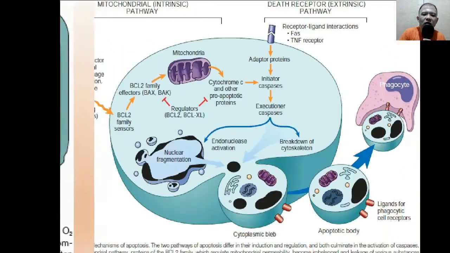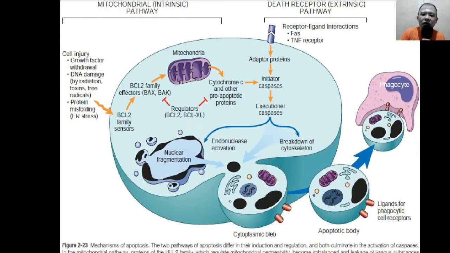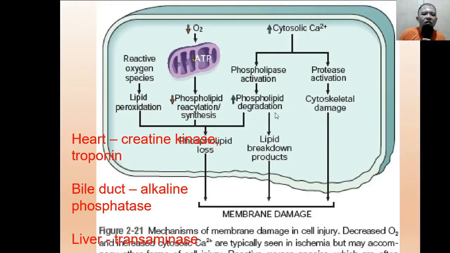So for example, in the heart, you have leakage of creatine kinase and troponins; in the bile duct, leakage of alkaline phosphatase; and in the liver, leakage of transaminases or aminotransferases.